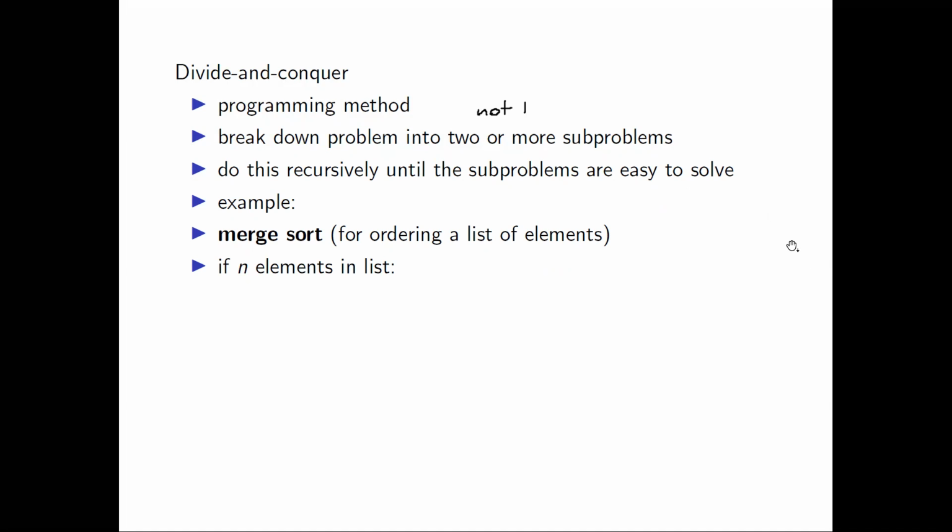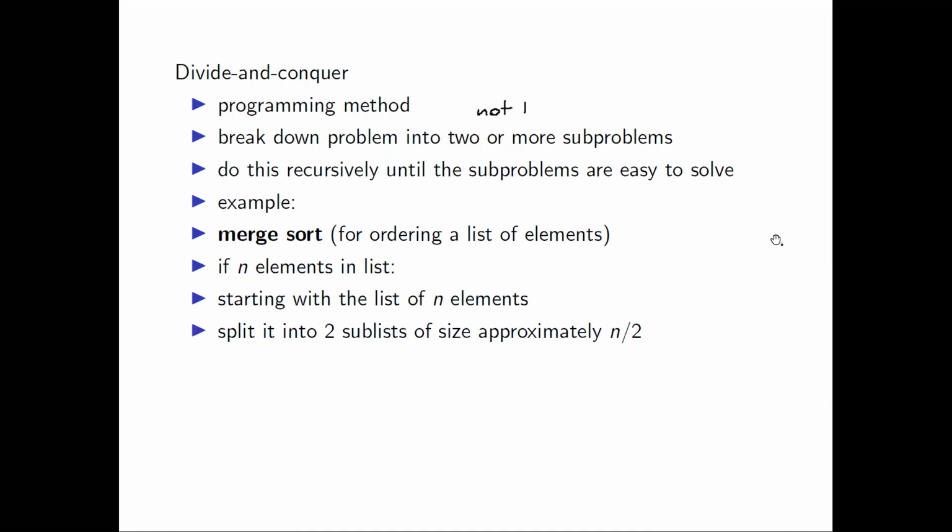If you have some list with n elements, you can split it into two sublists, each of size approximately half the size of your original list. And then you can sort each of the sublists and merge them.